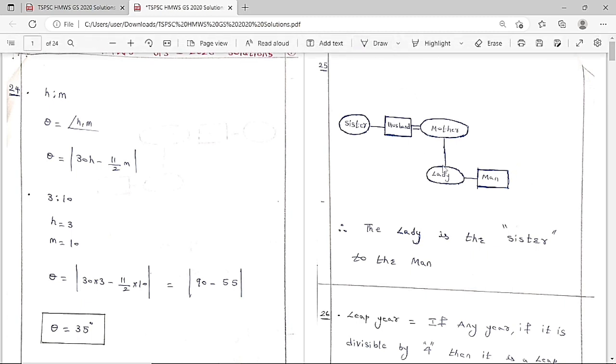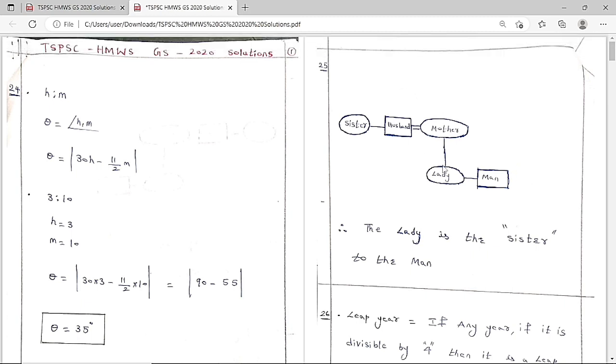Basically, there is a man. He said to a lady, "Your mother." Man means rectangle, lady means circle. So a man is saying to a lady that your mother is her mother. Your mother's husband means basically these are husband and wife.